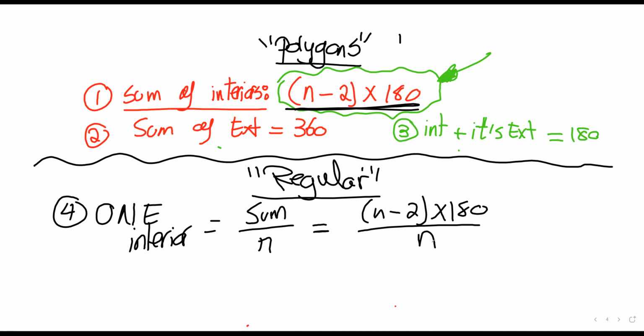And then we have the exterior angles that we just mentioned, which are also used in regular only. If I take 360 and I divide by the number of sides, I will get the value of the exterior angle.